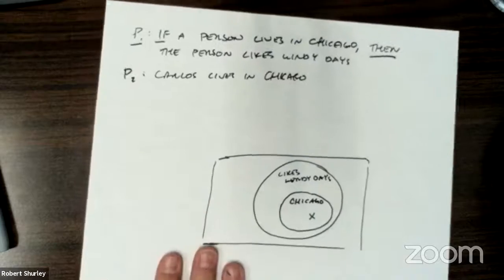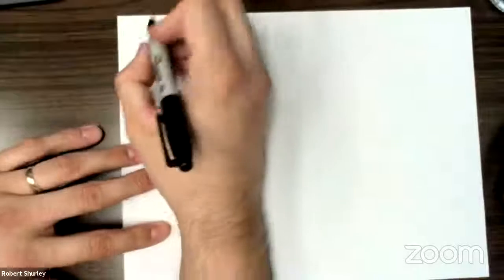So let's look at an invalid one with the if-then. And again, I'm just working through the examples. So it says use a Venn diagram. This is example 6 on page 47. Use a Venn diagram to test the validity of the following argument. If an employee is regularly late, then the employee will be fired.